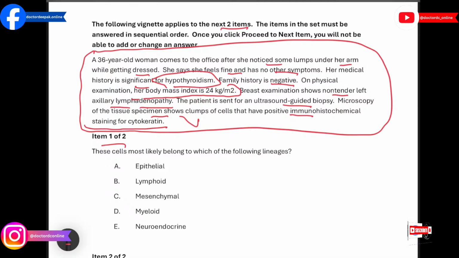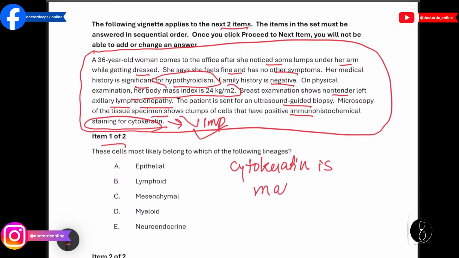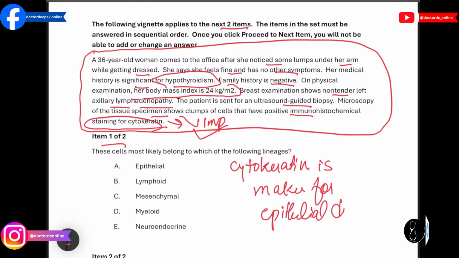staining for cytokeratin. Guys, cytokeratin automatically is a big hint, an important hint. If you guys know it, cytokeratin is a marker for epithelium-derived tumors. It's an important point to write in your books: cytokeratin is a marker for epithelium-derived tumors.